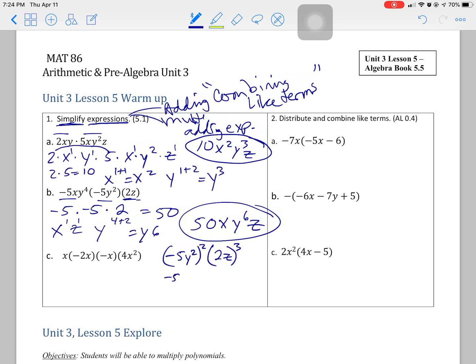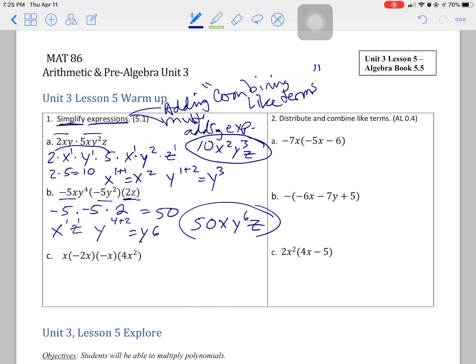You have to do -5 times -5 and get a positive 25. And then a y to the second times the second, and then a 2 to the third and z to the third. So this is 25 times 8 and so forth. I'm just saying, if there's an exponent out here, that's where the multiplication comes in. So we did not have one of those for here, okay?